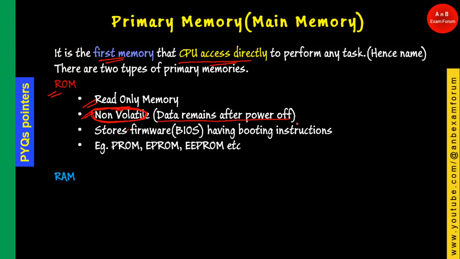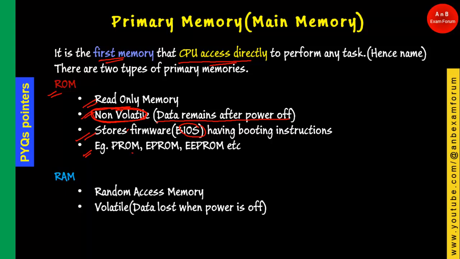That's why read-only memory is used to store the firmware, basically the BIOS, which has booting instructions in it. And these are the classes of ROM: PROM, EPROM, EEPROM. In the exam he can ask you volatile or non-volatile related questions from this chapter.